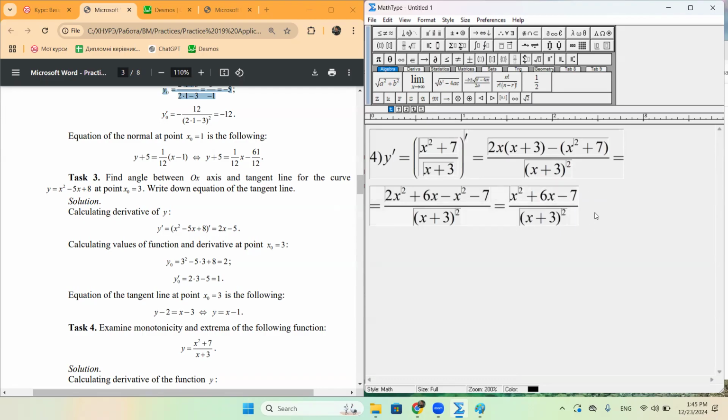And now we need to solve the following equation. When y prime equals 0, we need to find critical points. Critical points are points at which the derivative of the function is either 0 or doesn't exist. It doesn't exist when x equals minus 3, so take it into consideration.